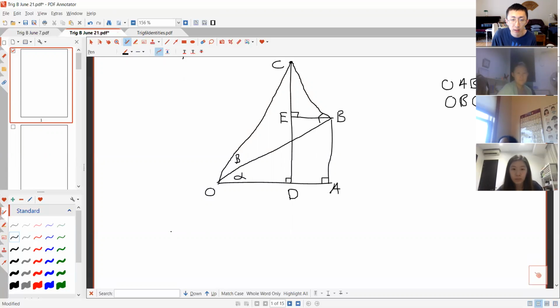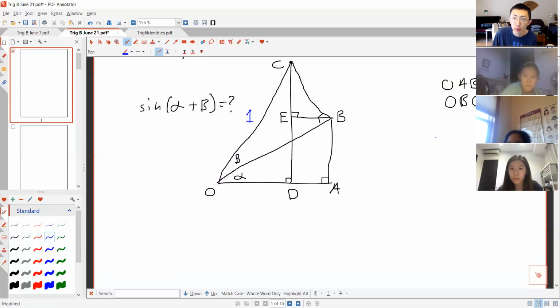So we want to find sine of alpha plus beta equals question mark. So, okay, let's see. I'm going to make, I should have said this at the start, but I'm going to make this length 1.